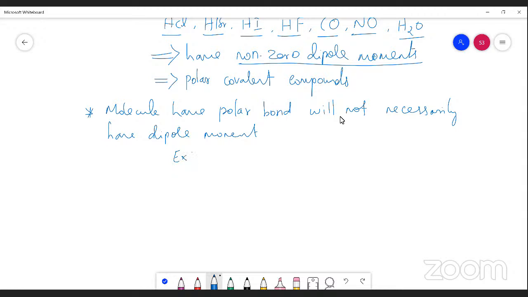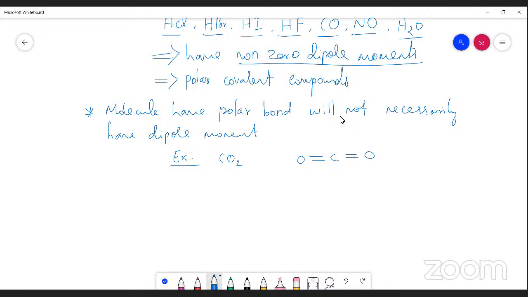For example, carbon dioxide, CO2. In the carbon dioxide molecule, oxygen double bond carbon atoms are there. The linear form of carbon dioxide has zero dipole moment.